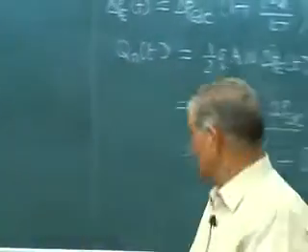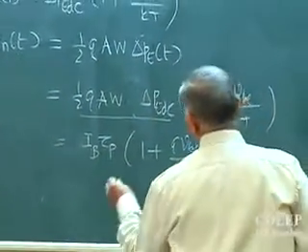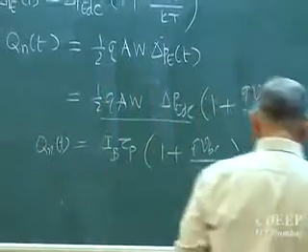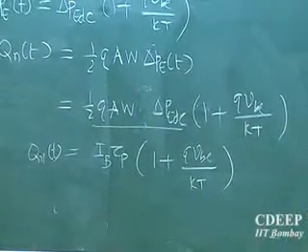Is that correct? Okay, so this is my QNT, and if you want Qn by tau, then you just divide by this.